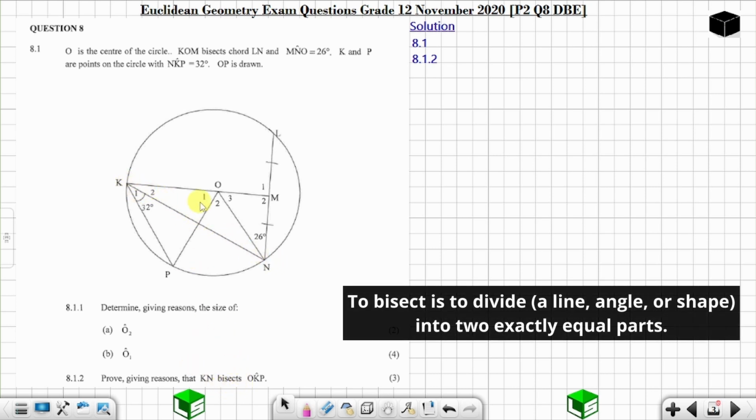If Kn bisects the angle OKP, this angle, you are going to have the angle K2 equal to 32 degrees as well.